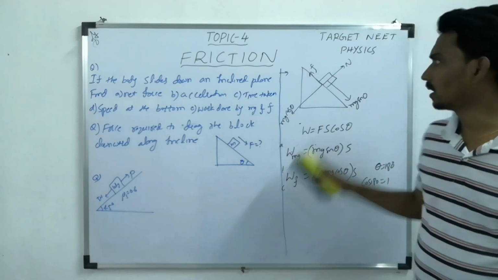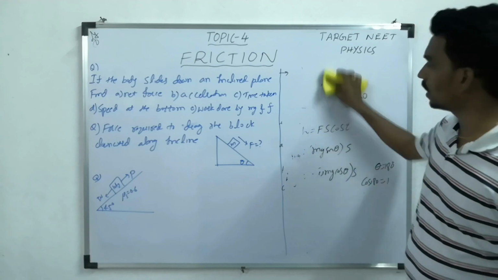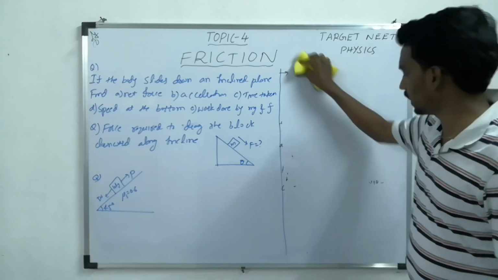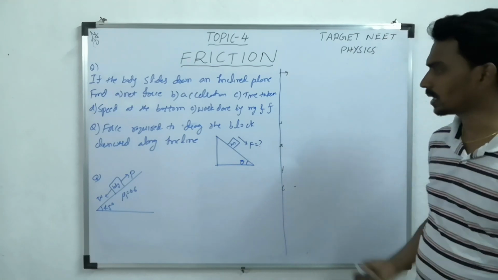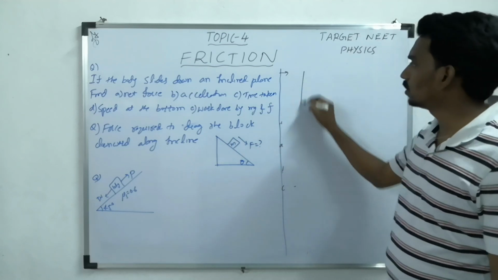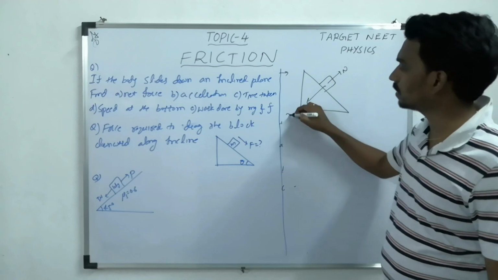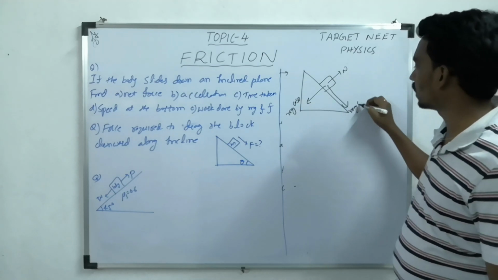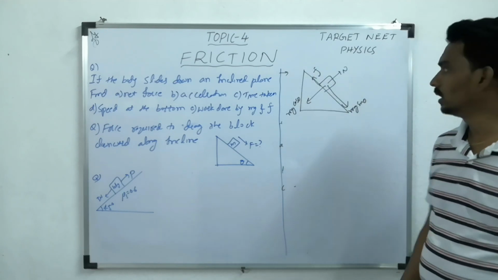Just before, we already discussed the force required to move the block upward, if you apply the force along the incline upward. Now they are asking what is the force required to drag the block downward. So already there are forces like normal reaction, mg cos theta and mg sin theta, and there is friction.